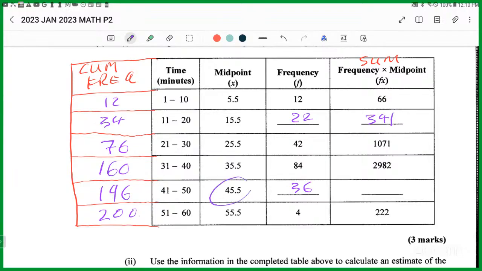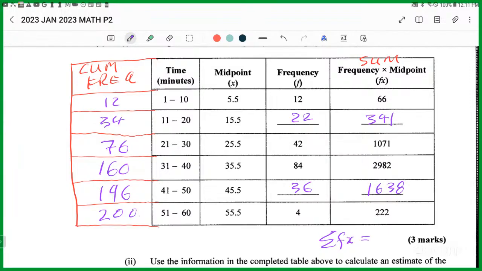And then multiply these two. That is 45.5 times 36. That gives us 1638.